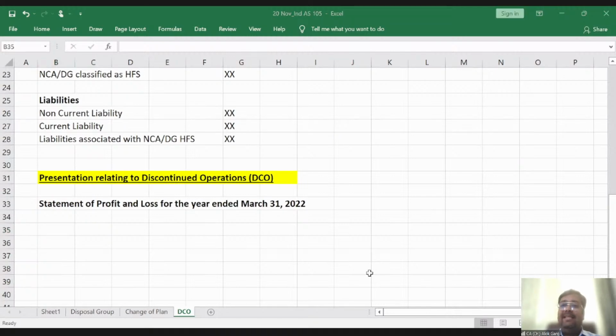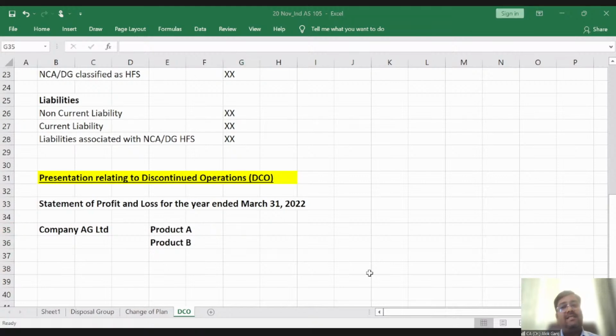Let's say there is a company AG Limited, and this company AG Limited is selling two main products, product A and product B, right?